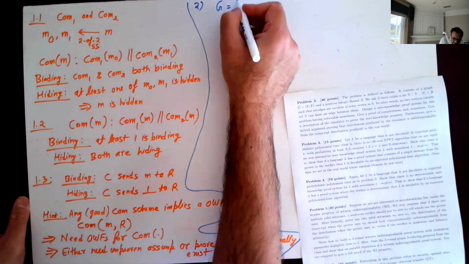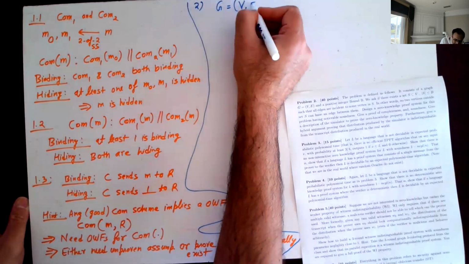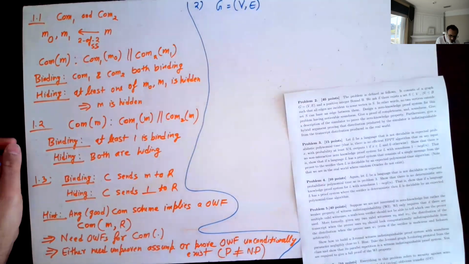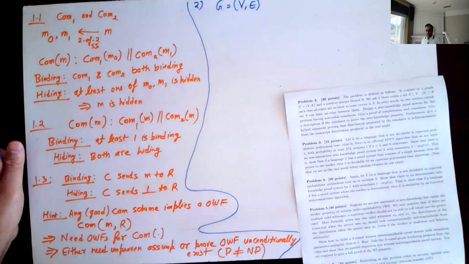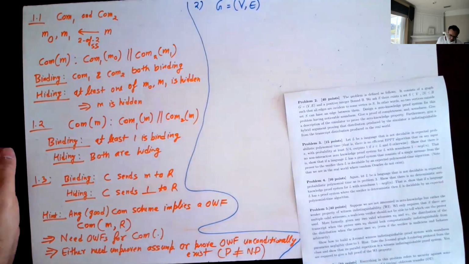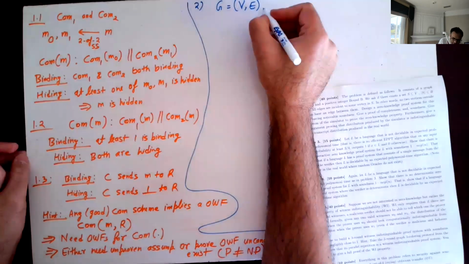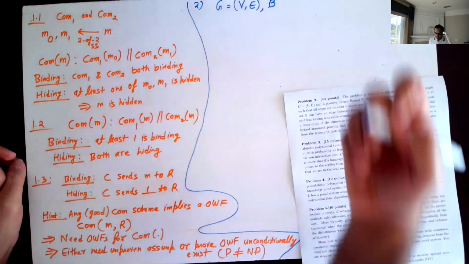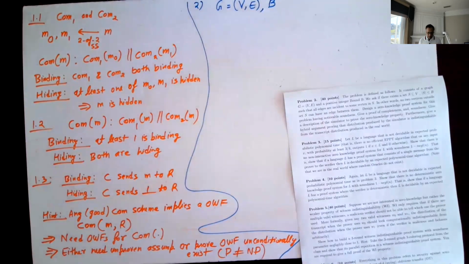The graph consists of vertices and edges. Most of the time, a graph will be represented as a matrix. If there are n vertices, then you are looking at a matrix of n by n. And you are given a positive integer bound B. Okay.